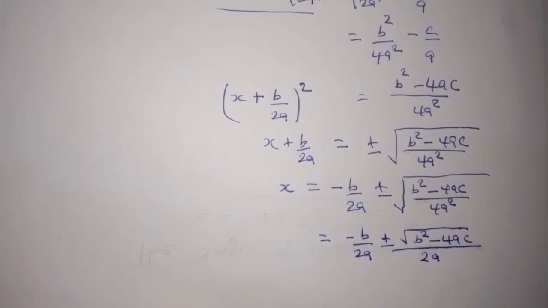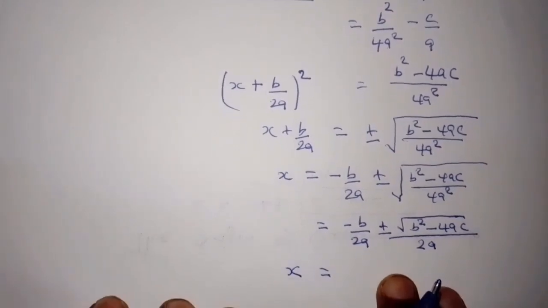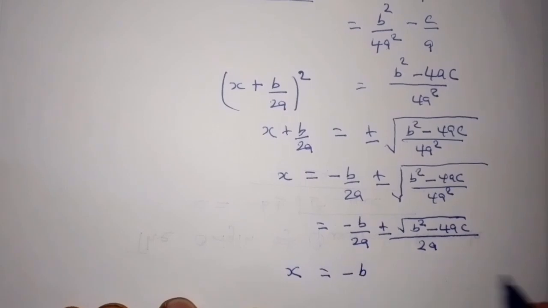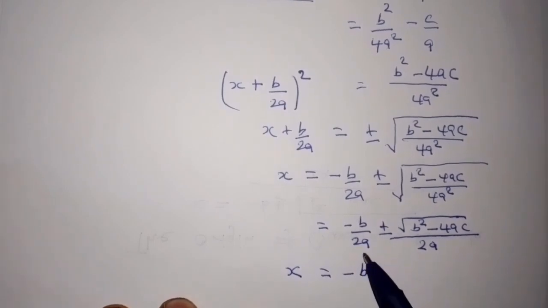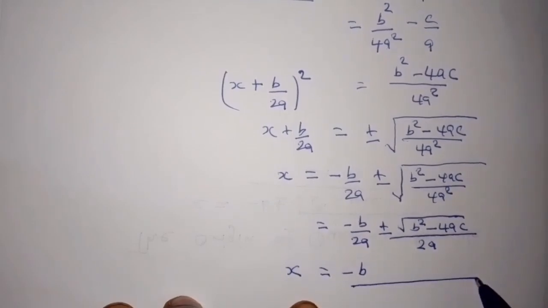So now we can say that x is equal to minus b. We want to put this denominator in common. 2a is common here, 2a is common here. So we can put it as one denominator. So our denominator here is 2a.